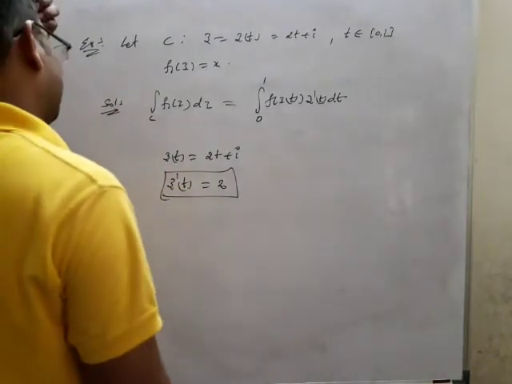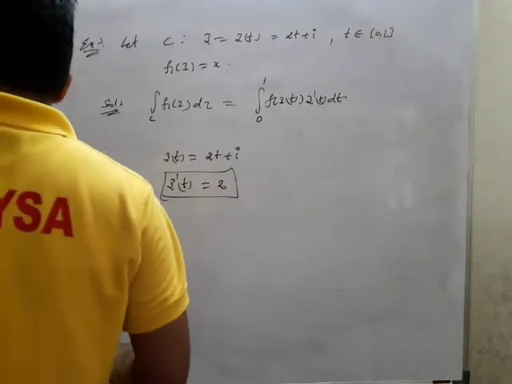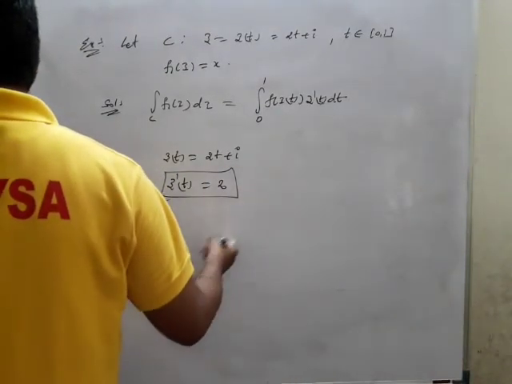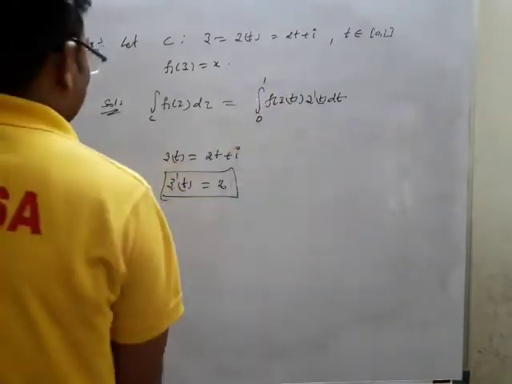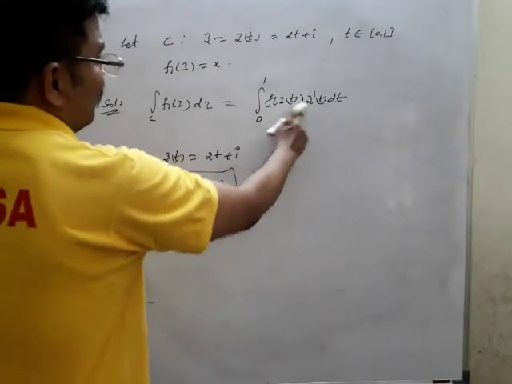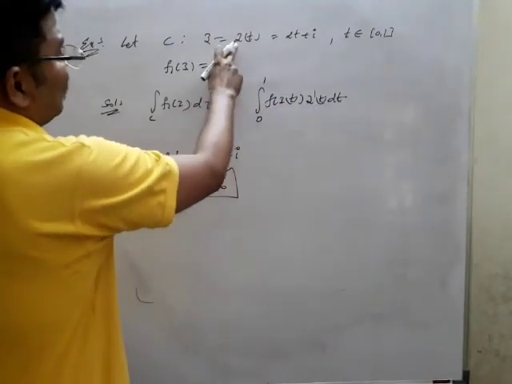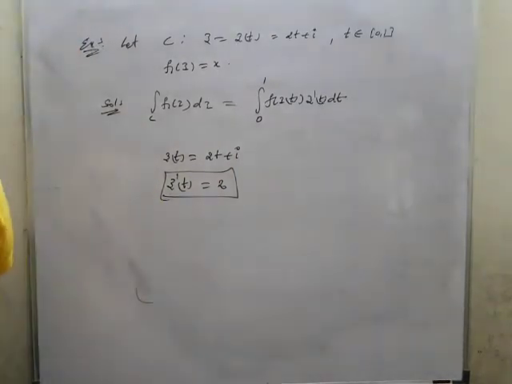f of z of t is nothing but, in the place of x, you will take it as t. z dash of t is 2. z of t is nothing but this one. Okay, f1 of z of t.